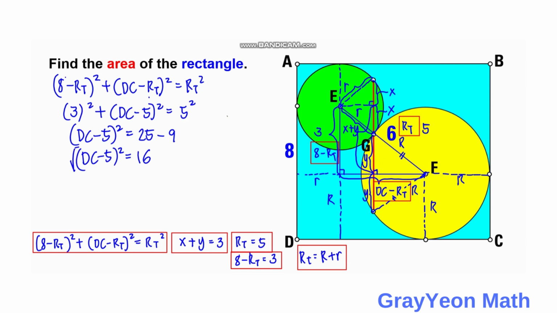If we take the square root of both sides, we have dc minus 5 is equal to 4. And therefore, dc is equal to 4 plus 5. And dc, which is the length of the rectangle, is equal to 9 units.